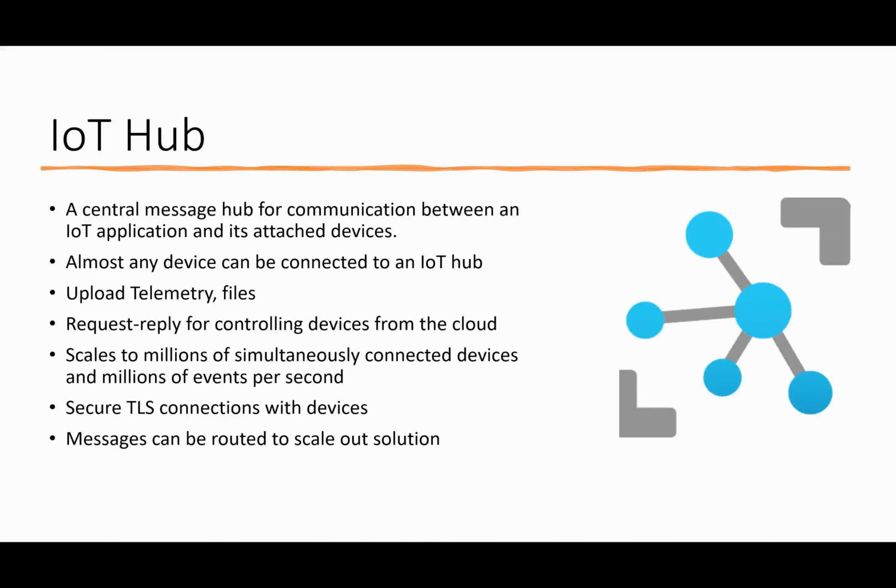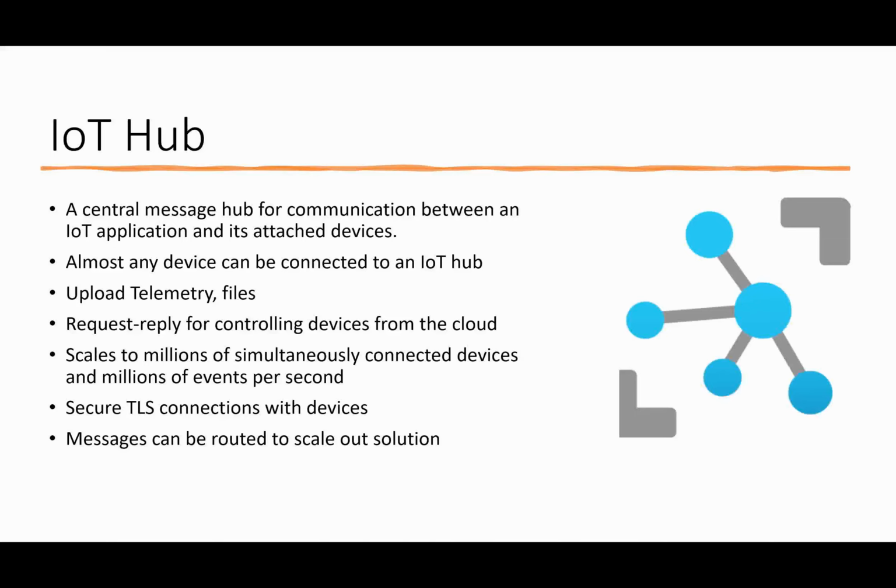Almost any IoT device can be connected to an IoT hub. Those devices will be uploading telemetry files, usage data, whatever. The big difference with the IoT hub is that there's two-way communication. There's a request-reply from a controlling device from the cloud. So your application can communicate with the Internet of Things devices that are registered with the IoT hub.